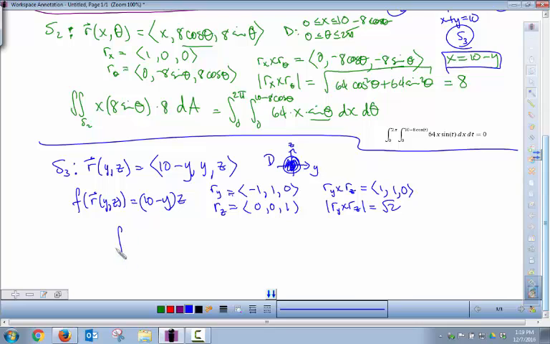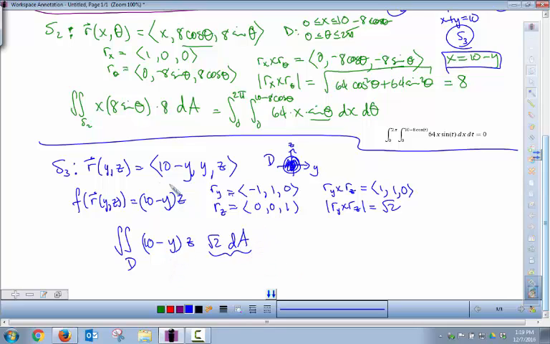And so I have a double integral over this domain D of 10 minus y, that whole thing, times z times square root of 2 dA. So this whole thing is the dS, and I'm just calling it dA.